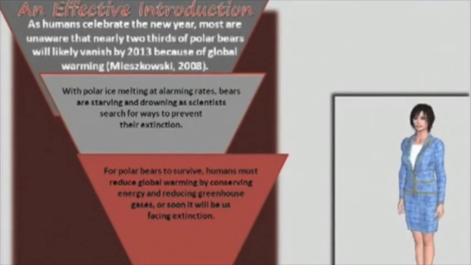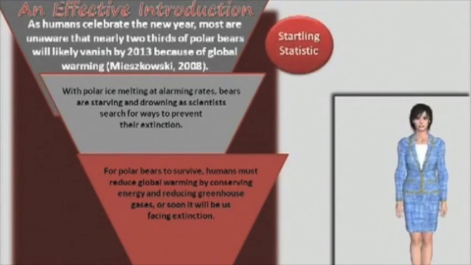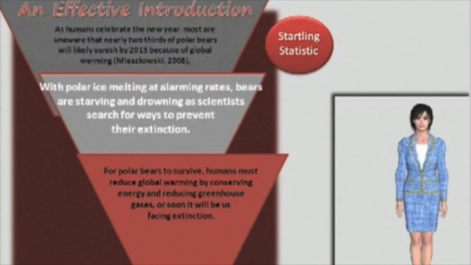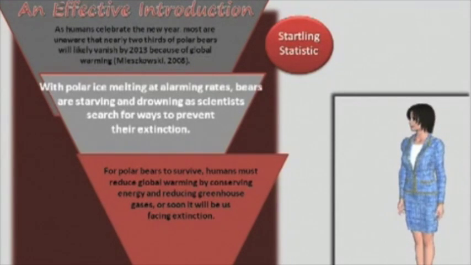As humans celebrate the new year, most are unaware that nearly 2/3 of polar bears will likely vanish by 2013 because of global warming. As you can see, it begins with a startling statistic that underscores the topic's importance. Next, with polar ice melting at alarming rates, bears are starving and drowning as scientists search for ways to prevent their extinction.